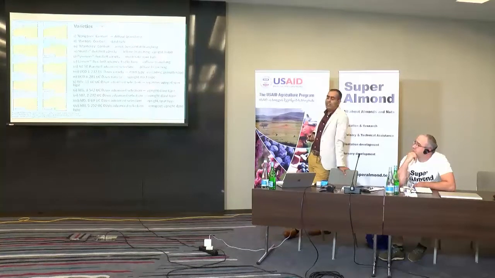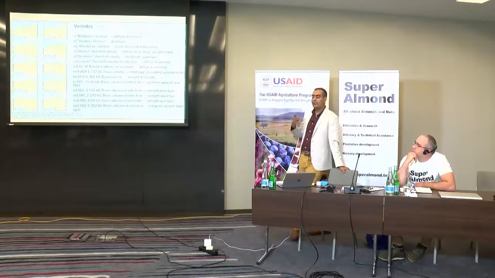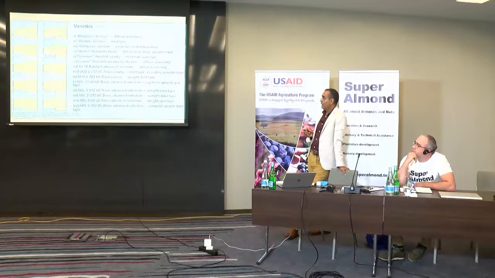There's a new self-fertile variety from Burchell Nursery's breeding program called Shasta. Shasta has a little bit diffused branching, but it's more upright than Nonpareil. So Shasta is an upright and vigorously growing variety. Another variety also comes from Burchell's breeding program.